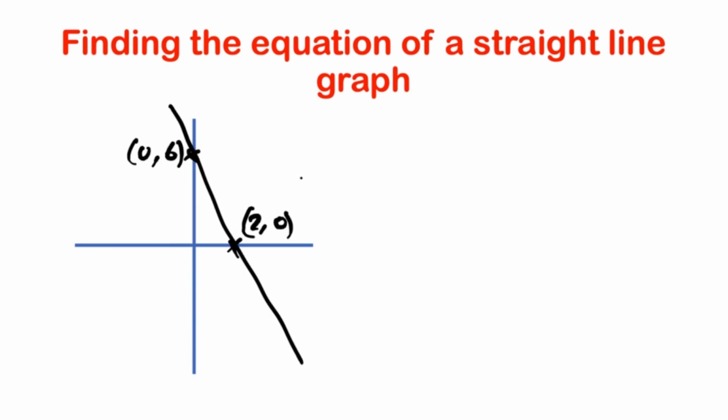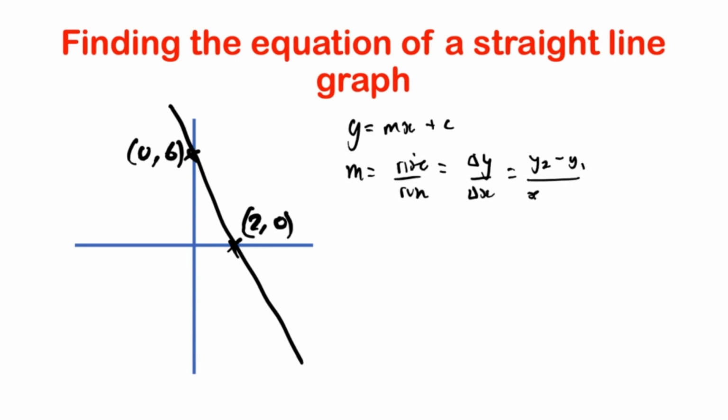Next question. Again, start off by writing your formula: y equals mx plus c. Now to find the gradient, again, the gradient is the rise over run, or the difference in y over difference in x, or y2 minus y1 over x2 minus x1.